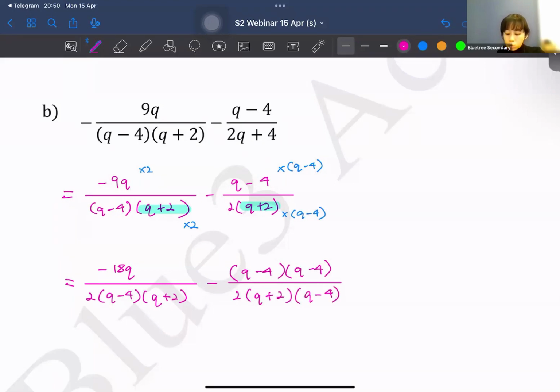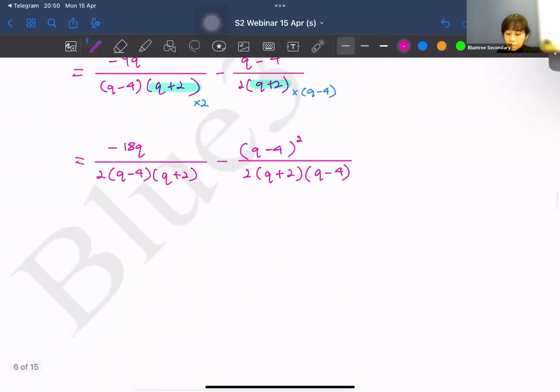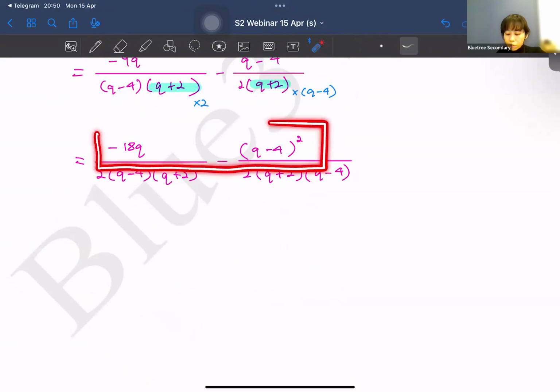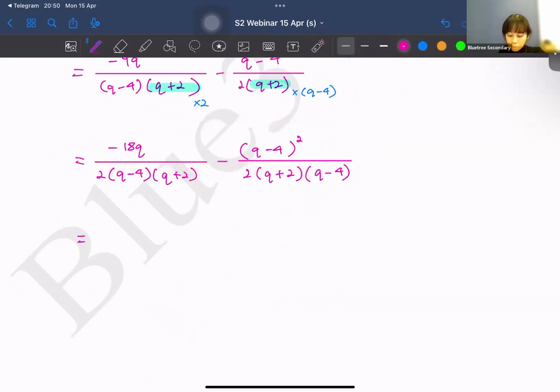So if some of you are able to see that straight away, you can rewrite your second fraction's numerator as (q - 4) squared, then use your identity to expand out later on. So remember I mentioned that you combine your numerators first before you expand.